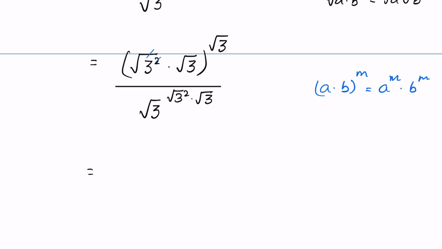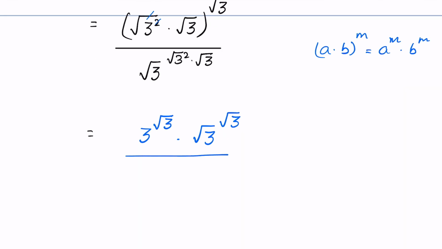So, it will be 3 raised to the power of square root of 3 times square root of 3 raised to the power of square root of 3 upon square root of 3. Here again cancel the square root with the square, raised to the power of 3 times square root of 3.